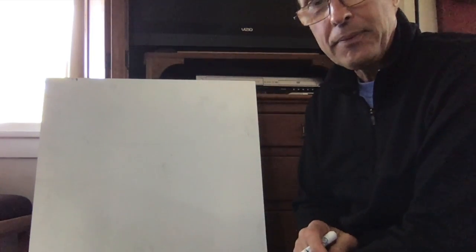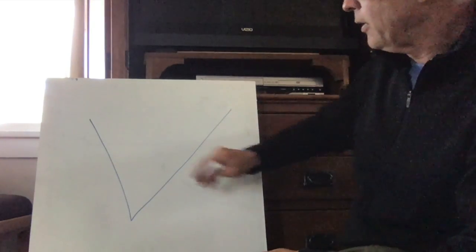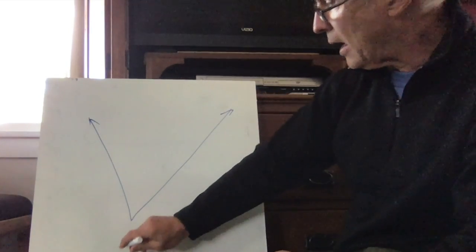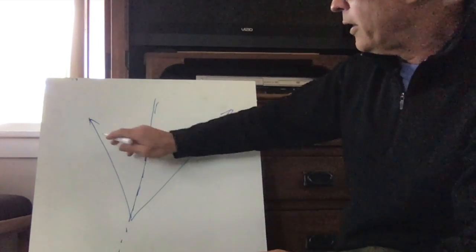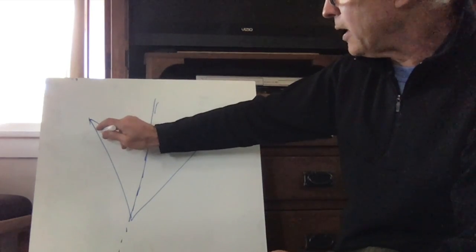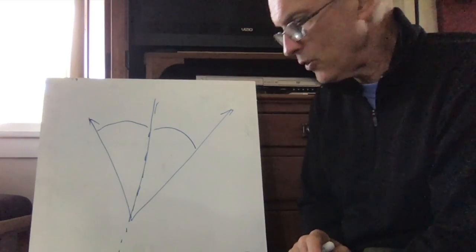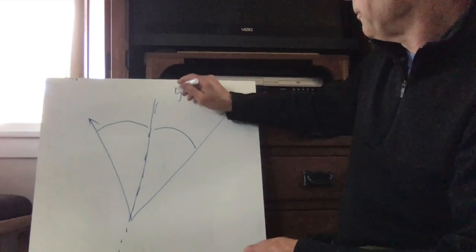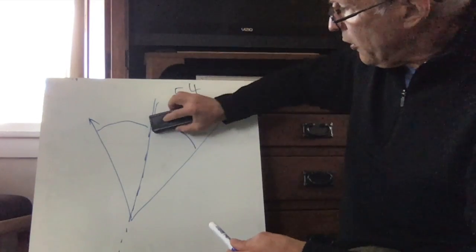The last thing from this chapter is they want to remind you what angle bisectors are. I have an angle, and I bisect it right down the middle, making this angle the same as that angle. In Theorem 5.4, they go a little beyond that.